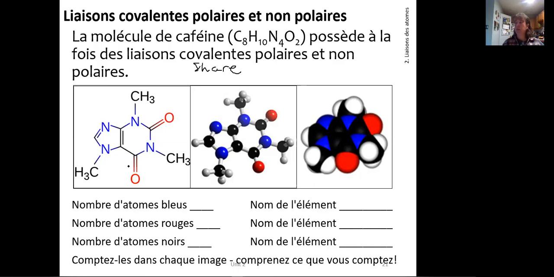It has 2 oxygens, and it has 3 of these carbon and hydrogen units. So how many atoms are blue? Oh, I gave you the answer already. Nitrogen. How many are red? How many are black?